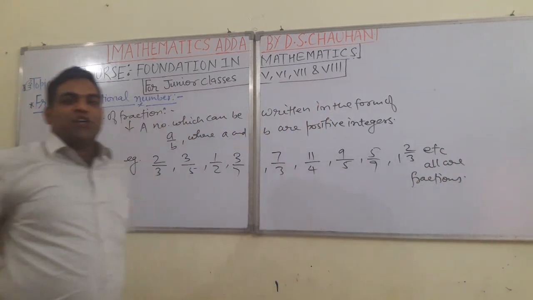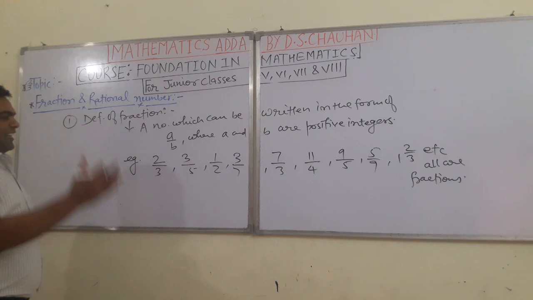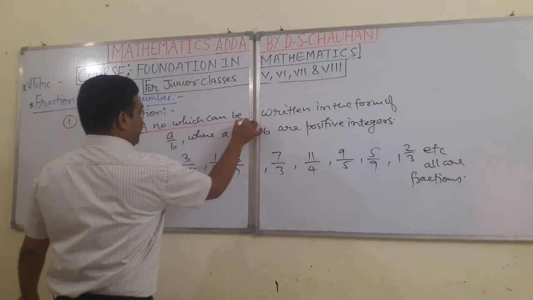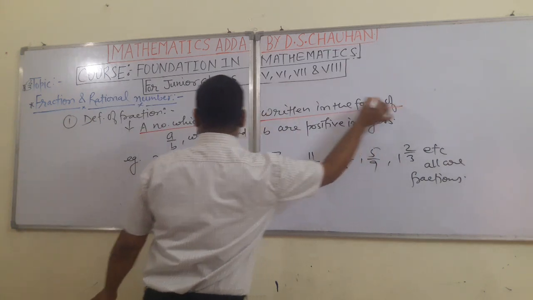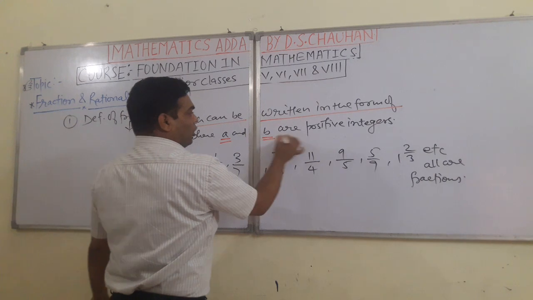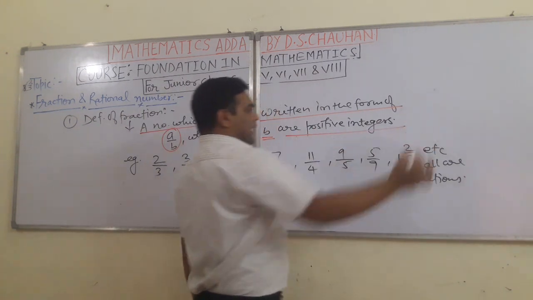Why are these fractions, students? Try to understand easily. The definition tells that a number which can be written in the form of a by b, where a and b both are positive integers.